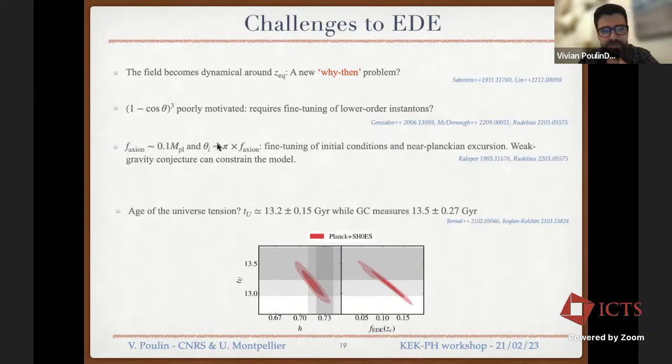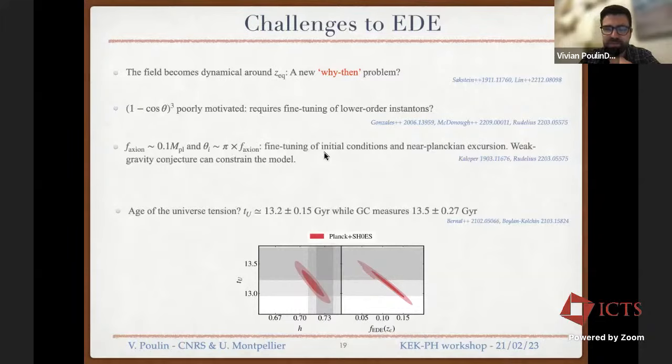Again, if we really take seriously the possibility of having some sort of axion-like particle in the universe, then it would mean that you have a decay constant for the axion that is about 0.1 of the Planck mass, and an initial field value that is very close, in fact, to the Planck mass as well.